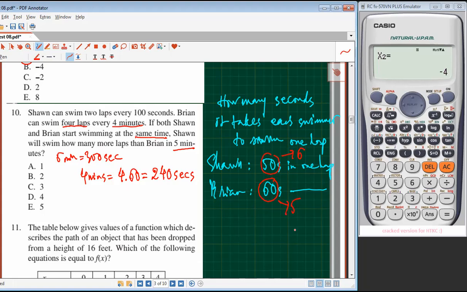That means Sean can swim 1 more lap than Brian in 5 minutes. Option A.